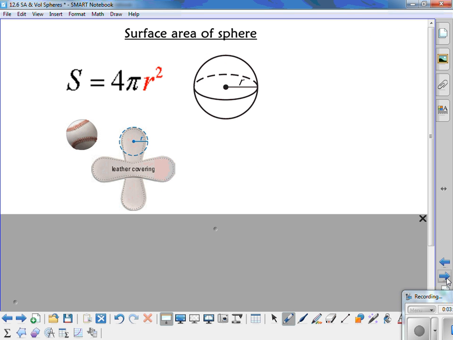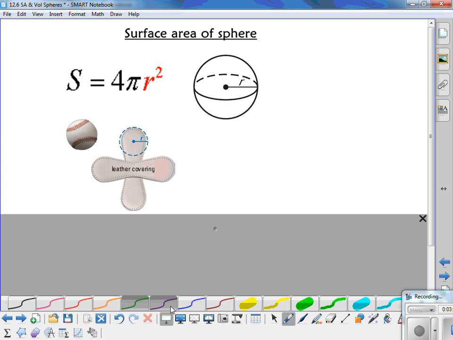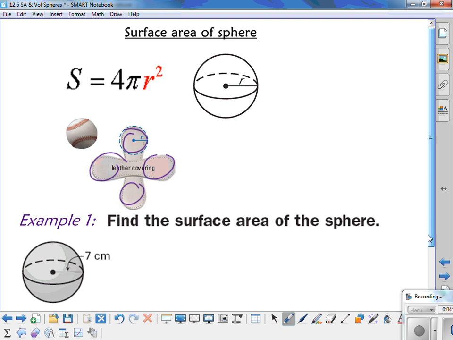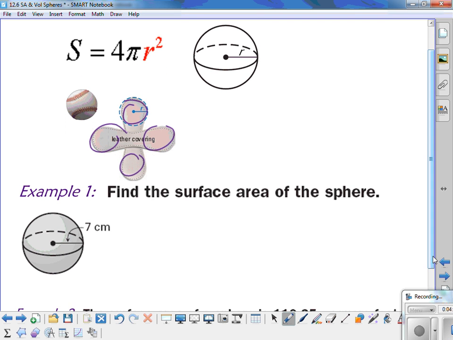So to find the surface area of a sphere, it's just 4 pi r squared. It's as if we have 4 circles that would be able to cover the entire sphere, similar to how a baseball is when we undo the baseball covering. So to find the surface area for this sphere, I'm just going to use the formula. Surface area equals 4 pi r squared.